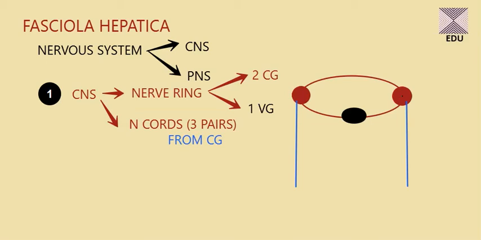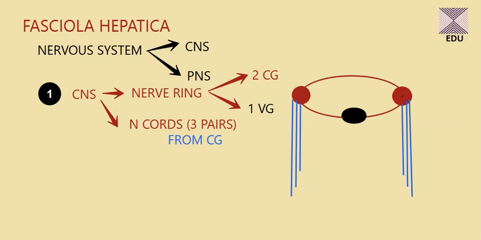These are two in number, and now we have two dorsal nerve cords, and again we have two lateral nerve cords. So these are six in number. These are three pairs, and they are coming out of the cerebral ganglia.